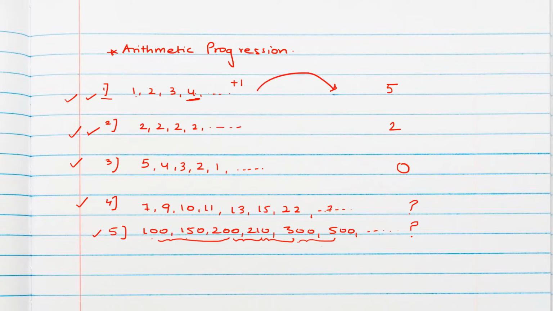Here also 2, 2, 2 means we added 0. Here we added -1 to get the next number. Here it is not possible.